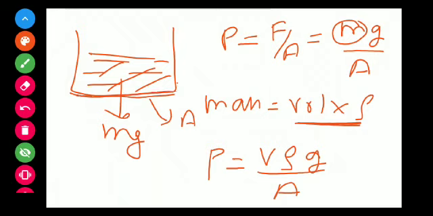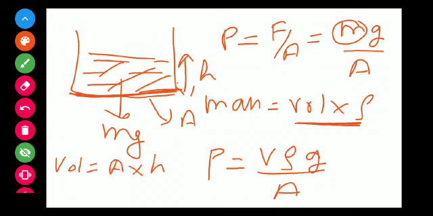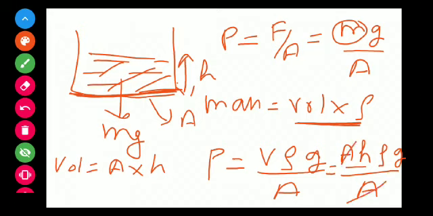This is your area A, and suppose h is the height of the liquid. Volume is equal to area into height. So pressure is area into height into density into g upon area. Therefore A cancels, and the pressure due to liquid is h rho g.